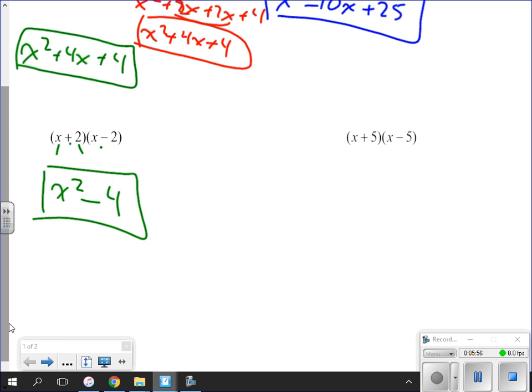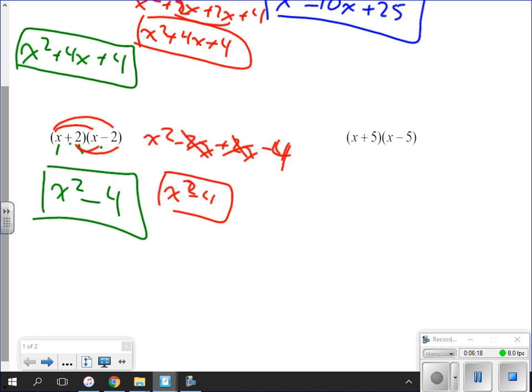If you FOIL it out: first terms, x squared. Outside terms, negative 2x. Inside terms, positive 2x. Last terms, negative 4. And look what happens. Your plus 2x and minus 2x cancel, and you get x squared minus 4.